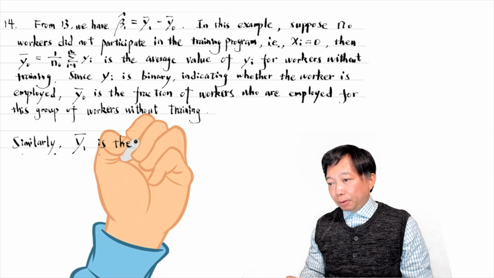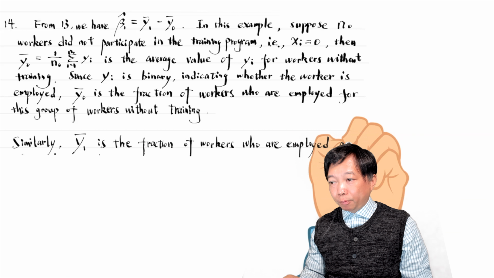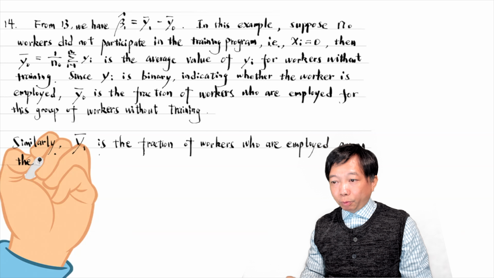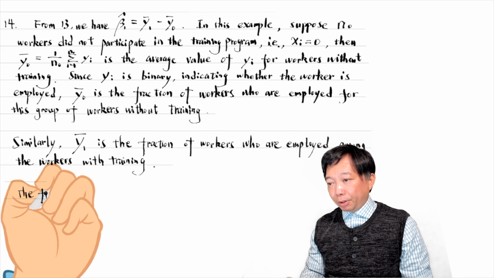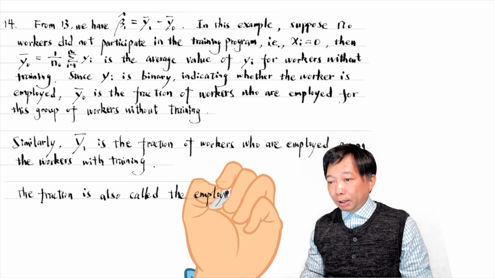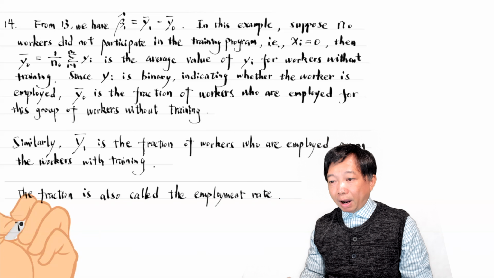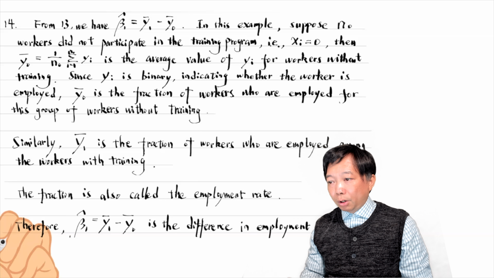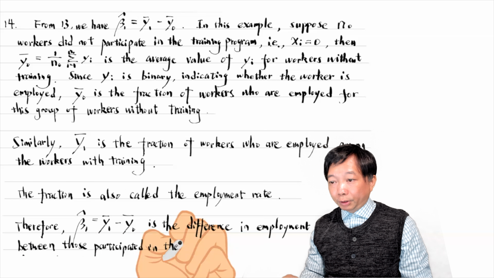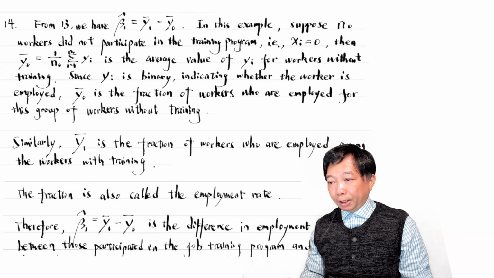Then y bar 0 is the average value of yi for the workers without training. Since yi is binary, indicating whether the worker is employed, y bar 0 is the fraction of workers who are employed for this group of workers without training.